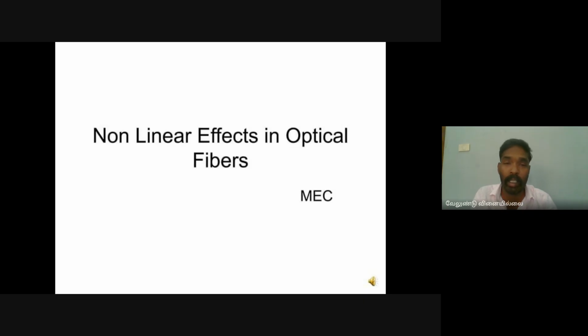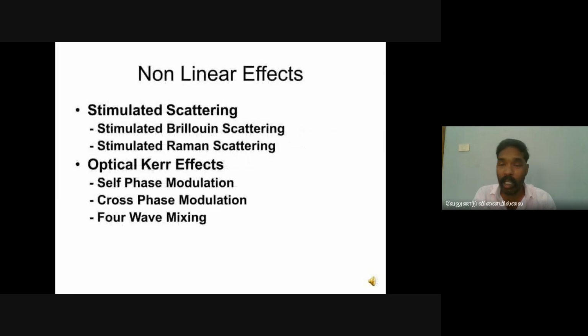In this class, the non-linear effects of optical fiber. The non-linear effects in optical fiber are stimulated scattering, which is divided into two types: Brillouin scattering and Raman scattering. Another one is the optical Kerr effect, which includes self-phase modulation, cross-phase modulation, and four-wave mixing.